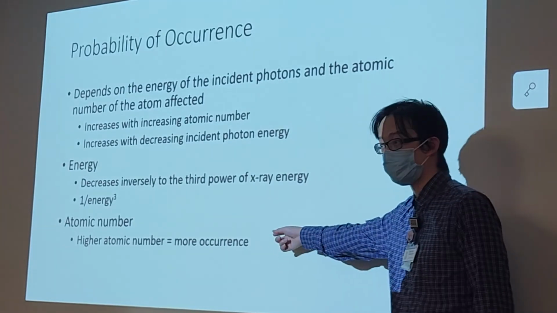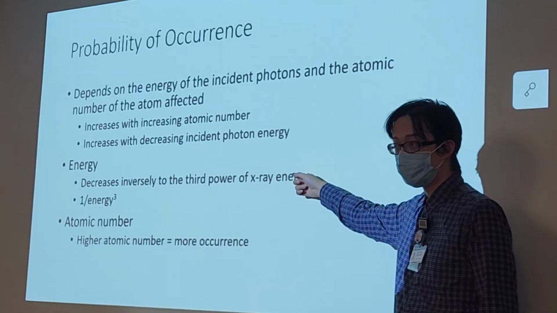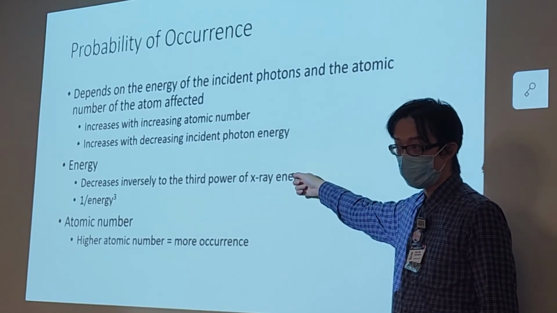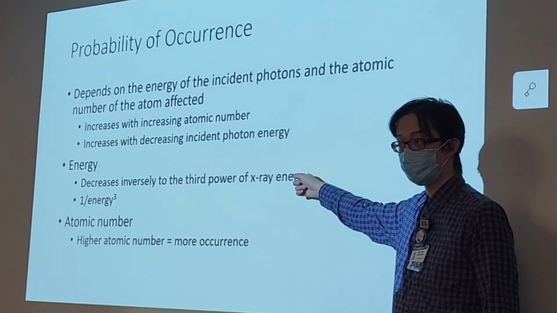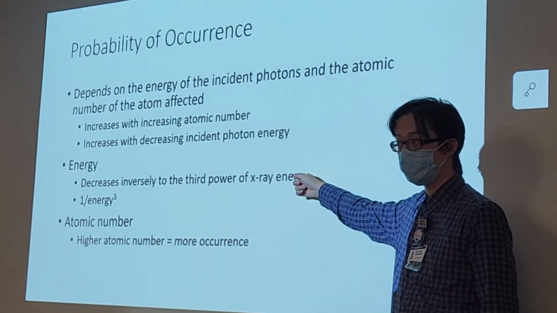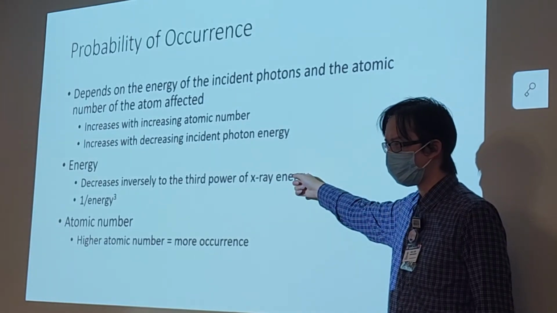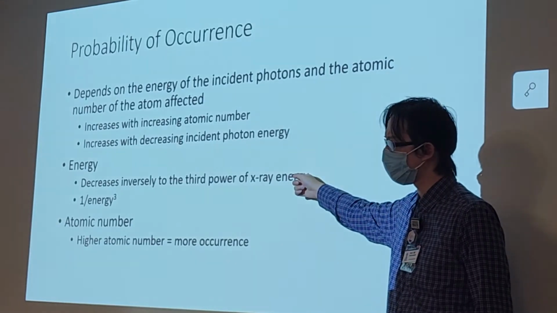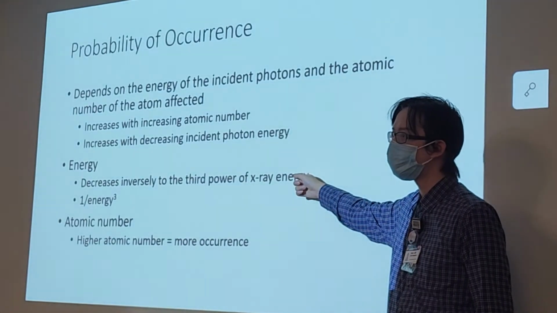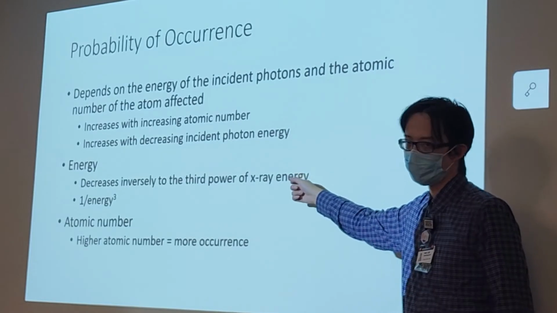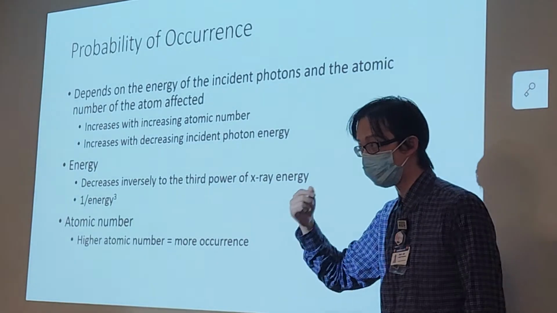Can I influence the atomic number of my bone? No. Can I influence the energy of my beam? Yes. How would I change the energy of my beam to make the bone show up better? kVp will go which way? Decrease. Why decrease? Because we want the bones to be able to absorb the X-rays.